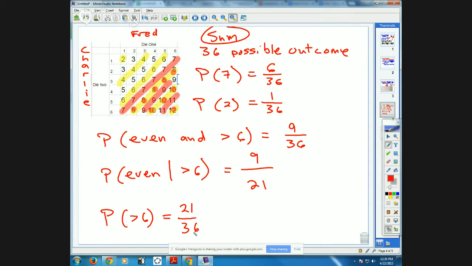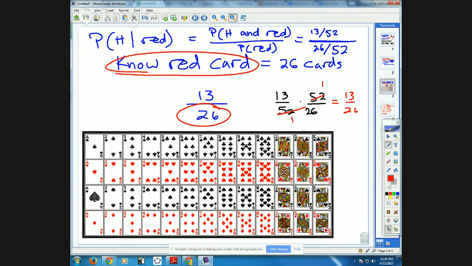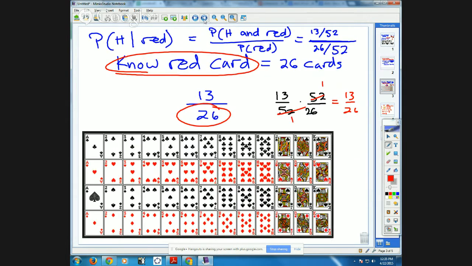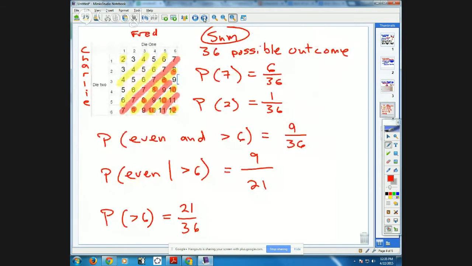And earlier, I stated the formula back here, the one up here, that the probability of A and B is equal to the probability of A given B times the probability of B. And I have to use that if they're not independent. Independent means knowledge doesn't change stuff. And the knowledge of being even does change things.